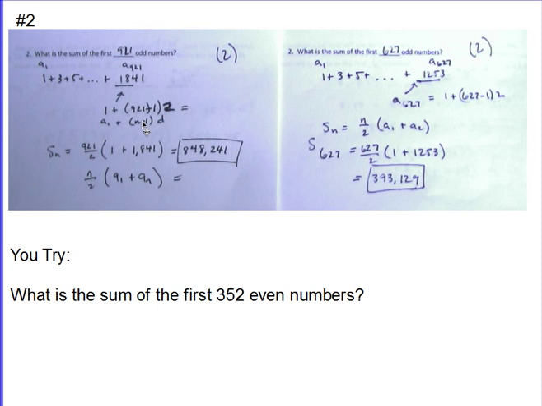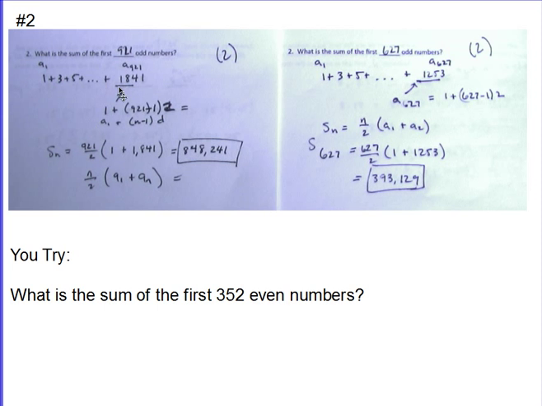Now, I know that sounds confusing, but remember that each term in an arithmetic series can be written as following an arithmetic sequence. So I think I said sequence when I meant series. Each term in an arithmetic series can be written as following an arithmetic sequence explicit formula.